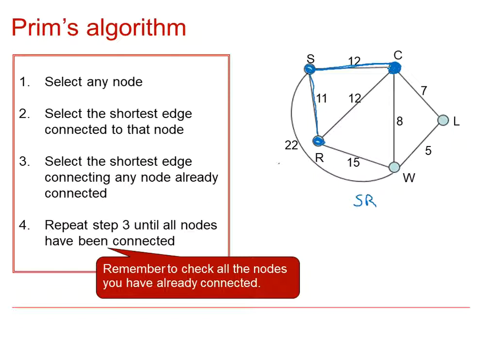I now look at the next shortest edge that I can connect to S or C or R. And the next shortest one is the 7. So I've done SR, SC, and I've now connected CL. So now look for the next closest node to R or S or C or L, and it's this 5 here.